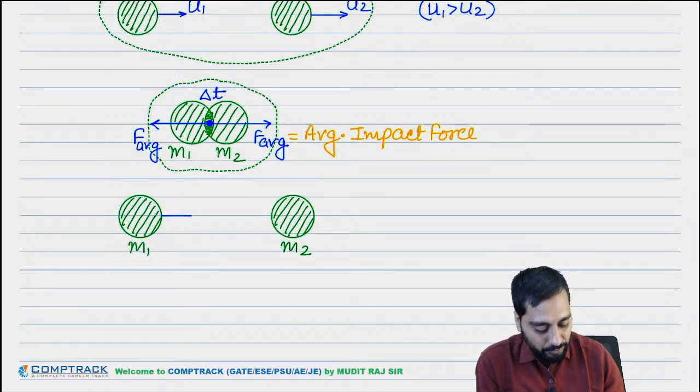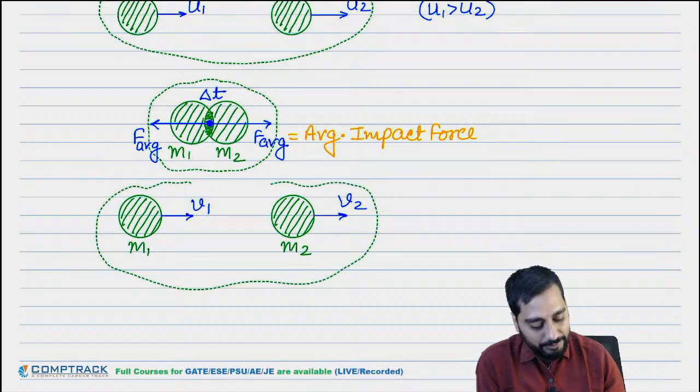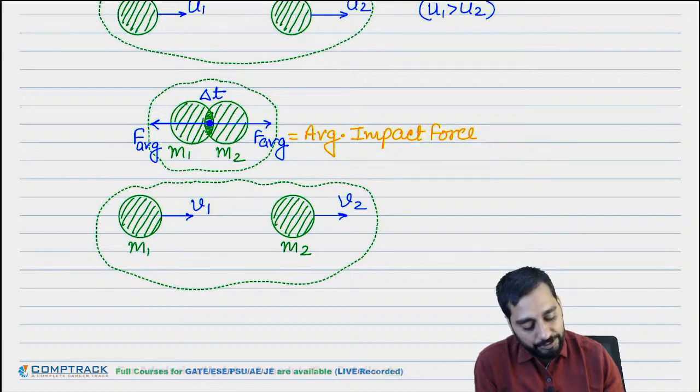Let's say this one is also going in the positive direction and this one is also going in the positive direction. For simplicity, we are considering the right side, so when the direction is right side, velocity will be considered positive.